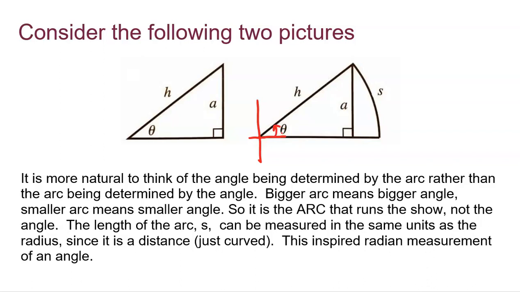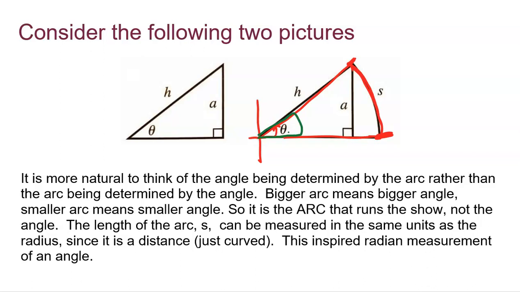If I want to think about how best to measure that red angle that I just drew, it makes way more sense not to pull out some random protractor that who even knows where that came from, but to actually think about, okay, if I were to extend this, just to think about it in terms of this picture, if I were to think about this angle tracking as I swing it up from initial side to terminal side, if I were to think about the size of that arc, a bigger arc means it's a bigger circle. If the circle was smaller, it would have a smaller arc.